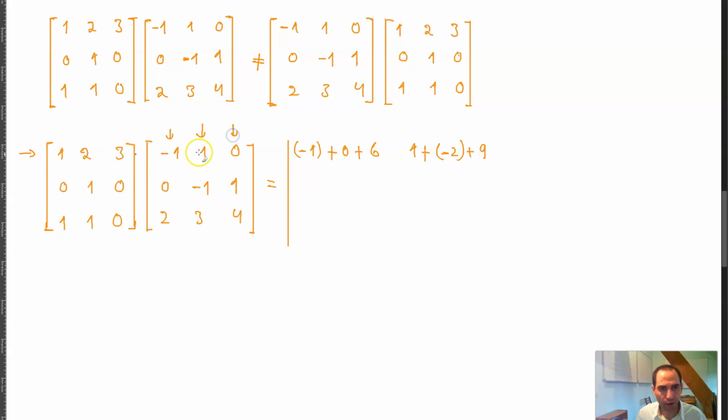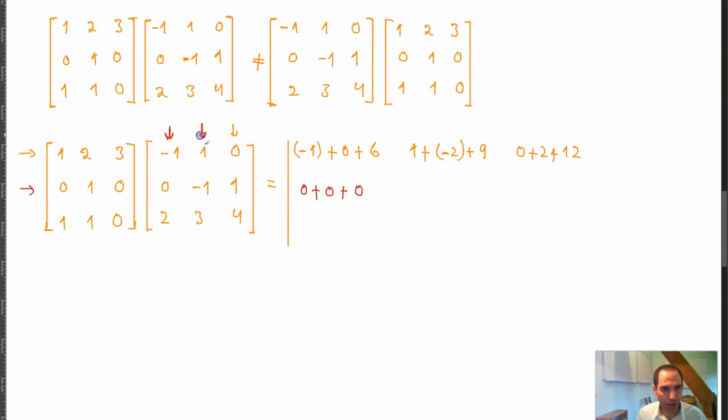And this column, you have 1 times 0 is equal to 0, 2 times 1 is equal to 2, and 3 times 4 is equal to 12. The next row, we have, and this column, 0 plus 0 plus 0 plus 0.